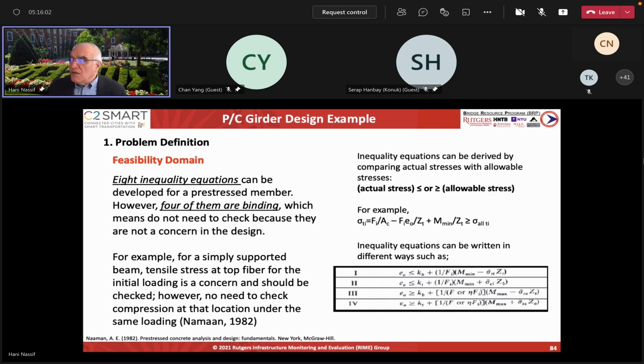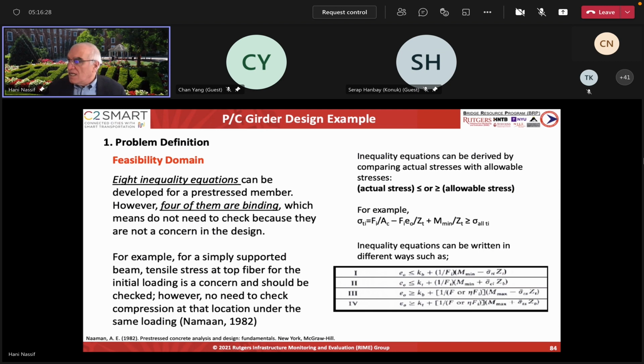So one way of doing it, and this is a diagram that has been developed before Professor Naaman, but in his book he highlighted this. And I teach this in my course because it's an easier and quicker way to find the minimum pre-stressing force. That's your objective, to use as few tendons as possible and to put them at the maximum eccentricity possible.